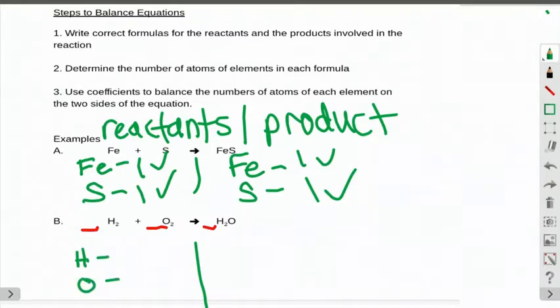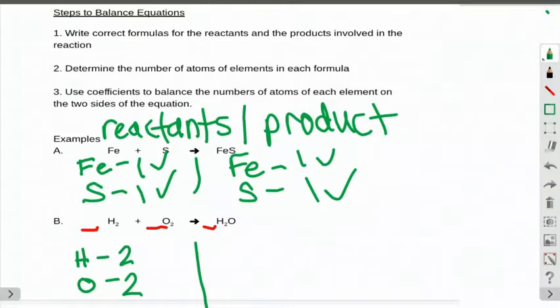This is now where we can see how many we have. That H has a 2 next to it, so that means that there are 2 hydrogens in the reactant side. Oxygen also has a 2 next to it, so that means that there are 2 oxygens on the reactant side.